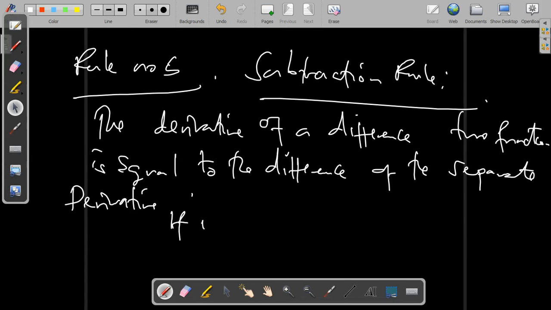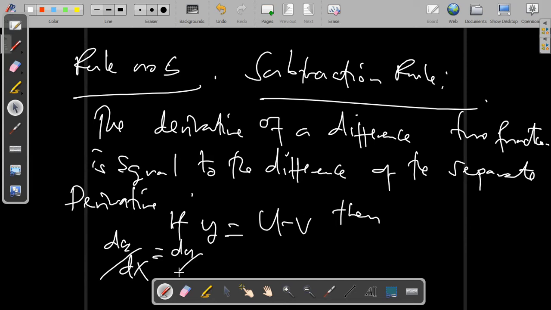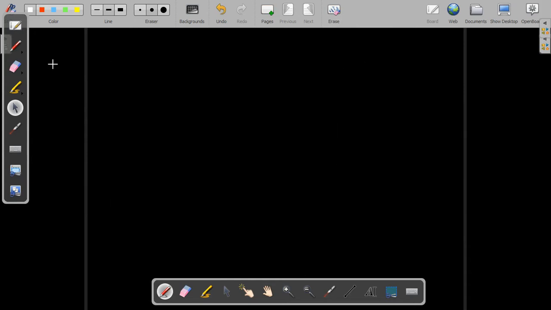Now, if y is equal to u minus v, then we consider that dy over dx is equal to du over dx minus dv over dx. So, let's consider an example in the subtraction rule.